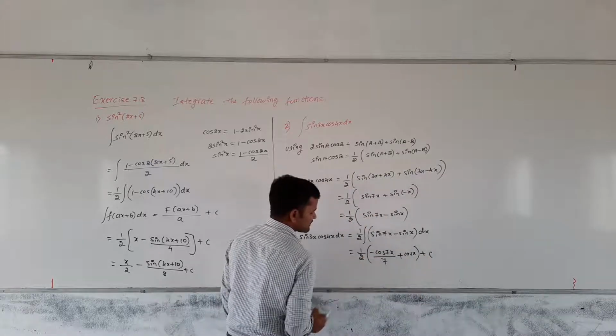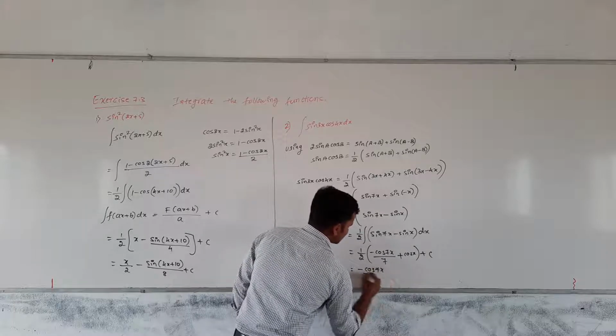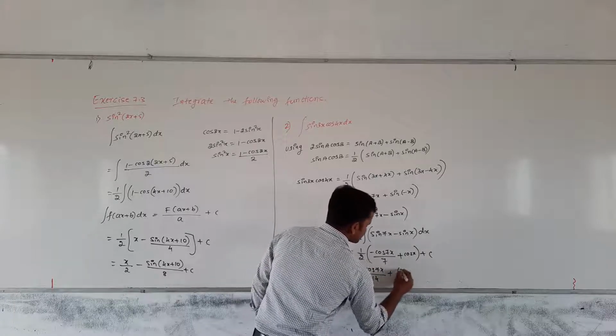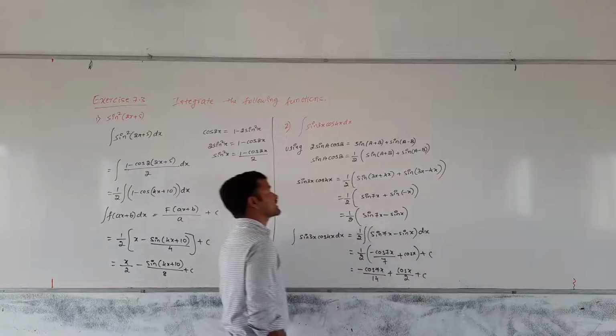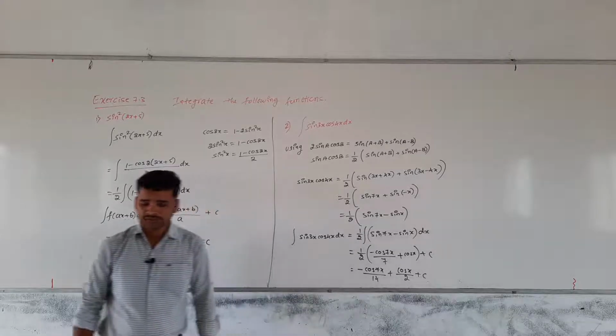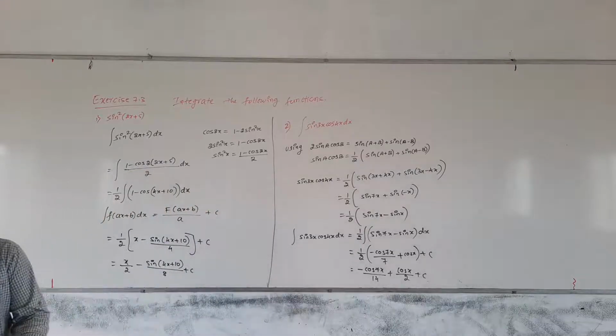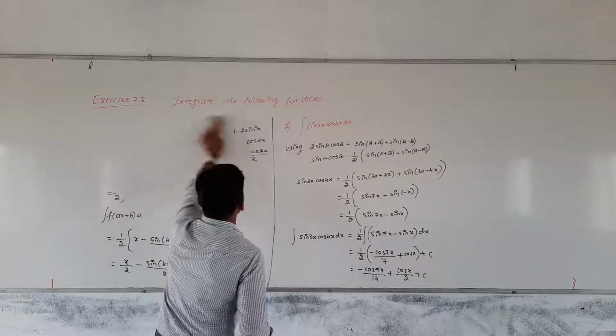This 1 by 2 multiplies to both the terms. This is minus cos 7x by 14 plus cos x by 2 plus c, the integral of sin 3x into cos 4x. With this, two problems completed.